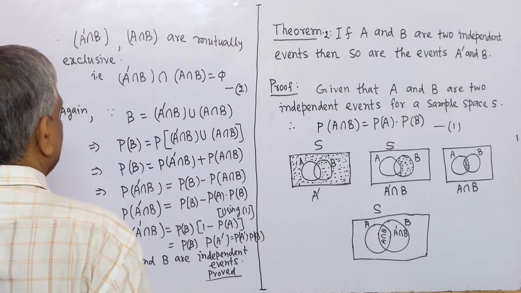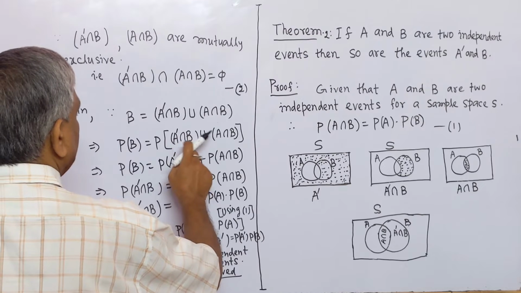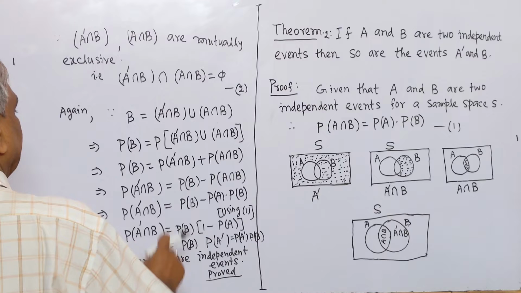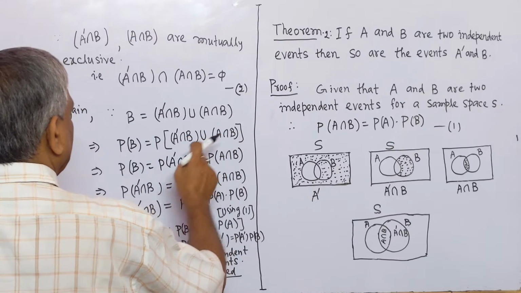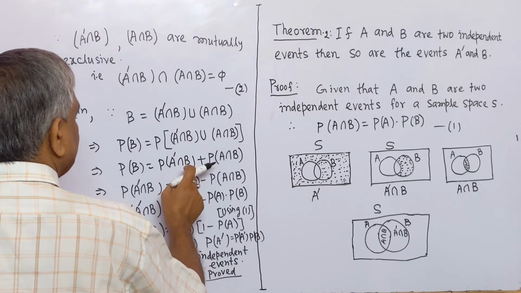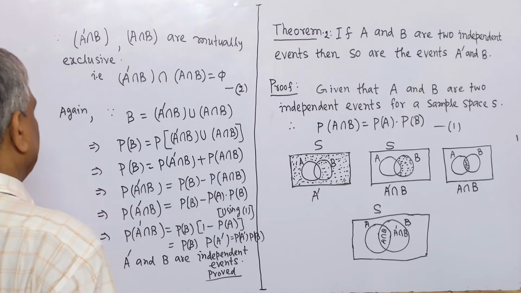Here on the right side we see that this event and this event are mutually exclusive. Therefore, this probability will be equal to probability of complement of A intersect B plus probability of A intersect B.